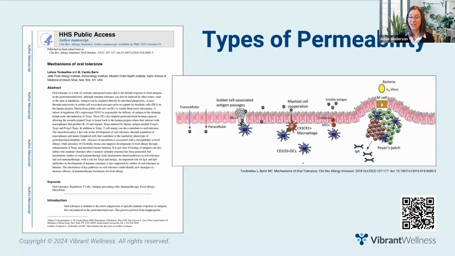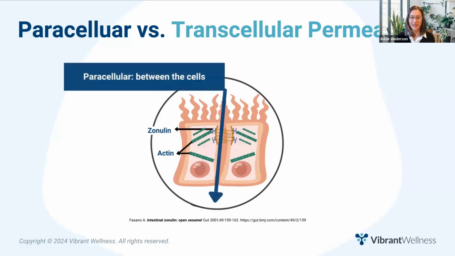According to this 2018 review article, dietary antigens are transported through the intestinal epithelium in many ways. But today, we're going to focus on the first two types in this figure, which is the transcellular and paracellular permeability. Paracellular permeability is the passage of molecules between enterocytes, and this is moderated by zonulin.